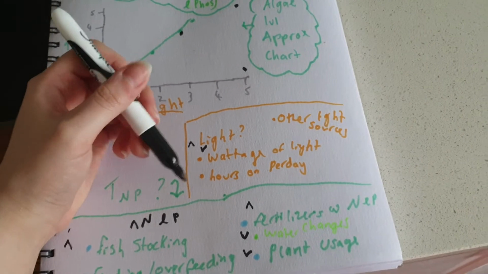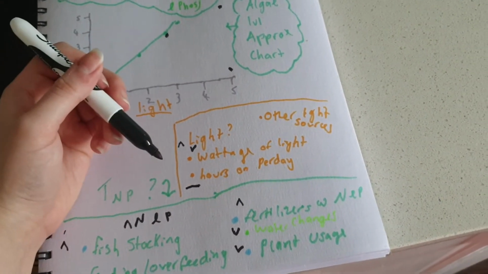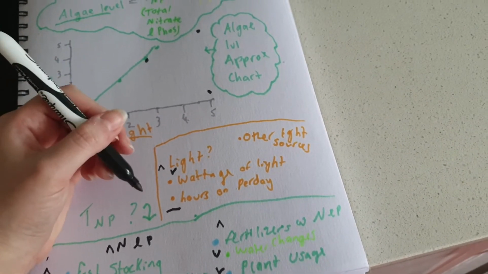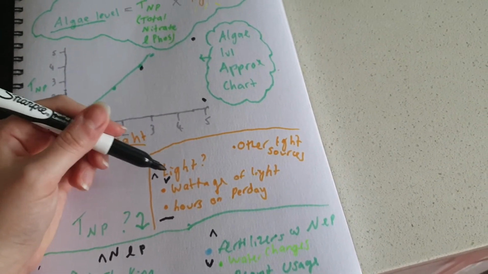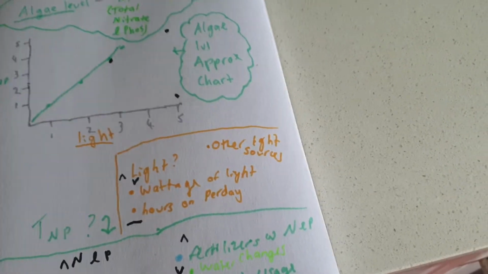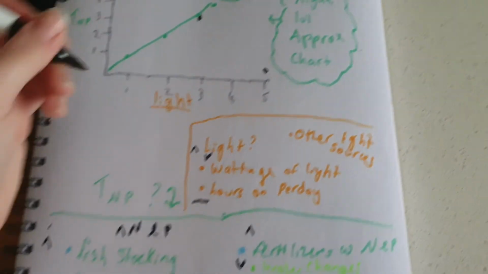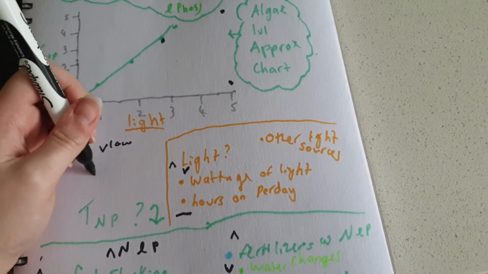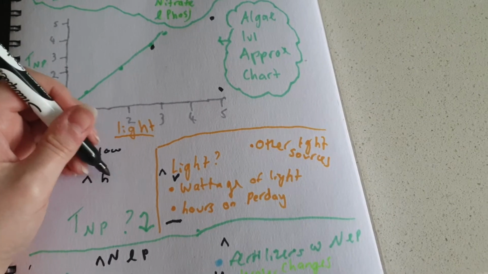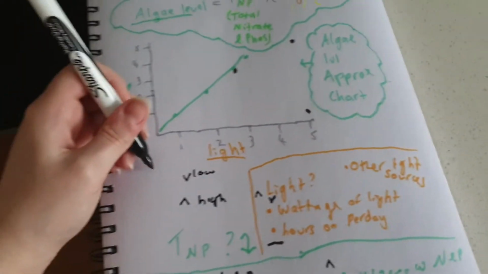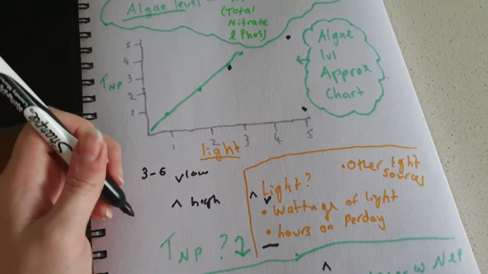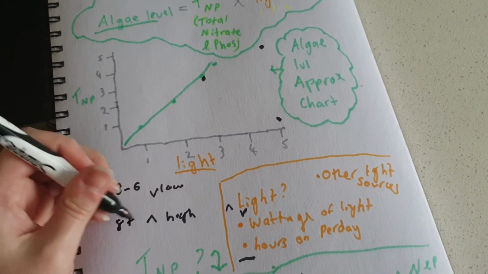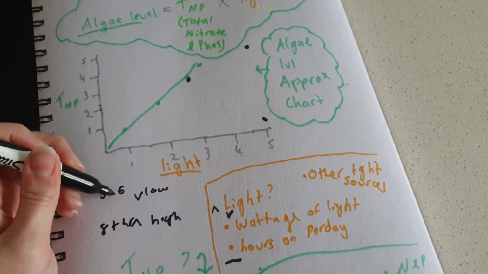And then the hours per day. If you have it on for longer hours, that's going to be more light total to the plants and to the tank to feed algae. If you're only having it on for 3 hours per day, that's lower light. If you have it on for 11, 12, 15 hours, that's high. 3 to 6 hours, I'd say, is low. 8+ hours is high.